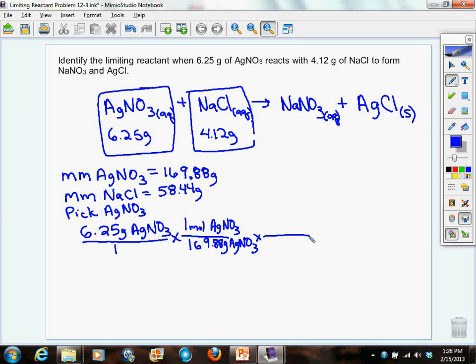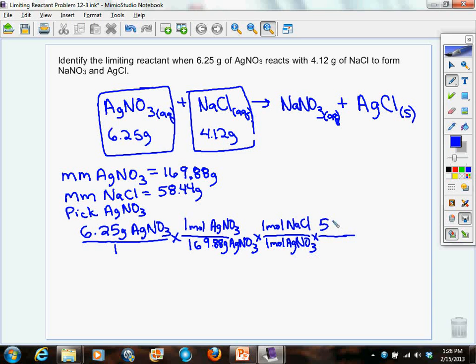That converts it to moles of silver nitrate. But what I really want are moles of NaCl, or sodium chloride. So I have my 1 mole of sodium chloride on top. Get rid of my moles of silver nitrate by putting it in the bottom. Now that gives me moles of sodium chloride. But finally, let's go ahead and get grams.